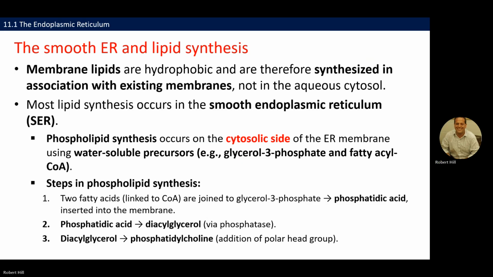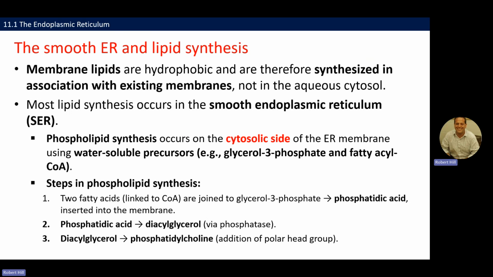So because membranes are hydrophobic, they can't be produced in a soluble condition in the cytosol. They have to be synthesized associated with existing membranes. And that existing membrane is the smooth ER. So what happens is the outer leaflet of the smooth ER enlarges, right?